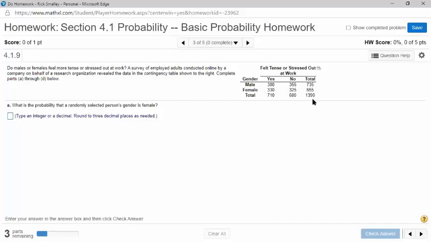655 females, and then you just divide it by the grand total. I'm not bringing up the calculator screen just to do that, but I'm just going 655 divided by 1390. Oh, I didn't read how many decimals it wanted. I've got to go back and look here. Boy, it's picky about that, isn't it? 3 decimals. 655 divided by 1390.